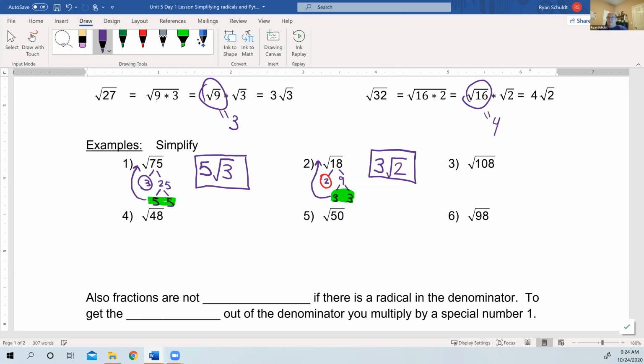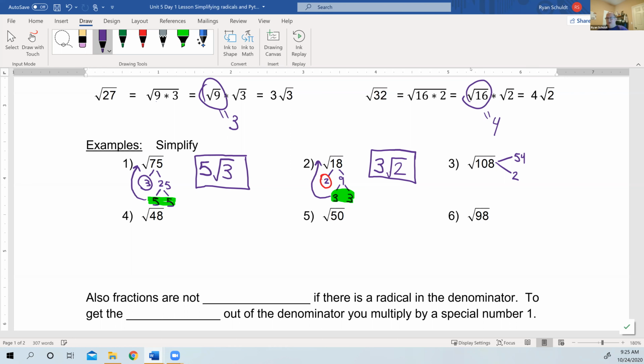Number 3 can be kind of a long one, so I'm going to do a sideways tree. First one that pops in my head is 2, because I see it's an even number. So what can it be? 2 and 54. And again, you don't have to do it this way, but I'm just trying to do it to where it's the first thing that pops in your head. I'm looking at 54.